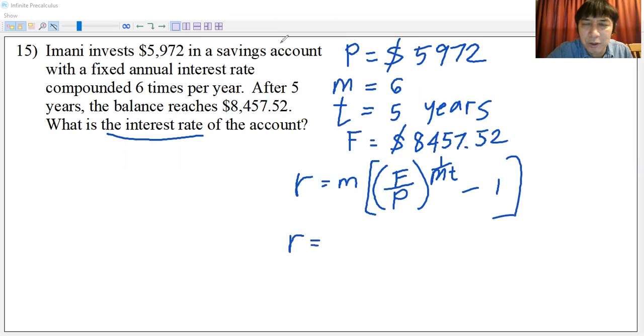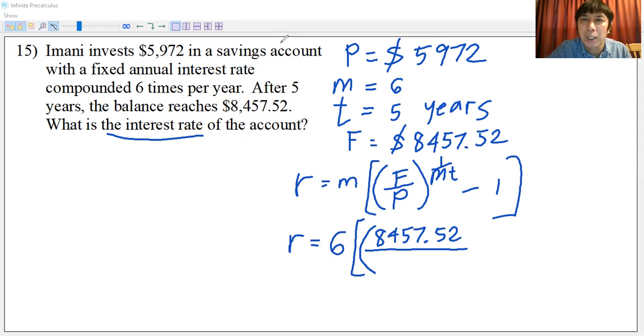This will now be 6. And then we use the square brace and then parentheses, use the F now, 8,457.52. Then you divide this by P, that's 5,972. And then this is raised to the power 1 over M, that's 6, times the T, that's 5.